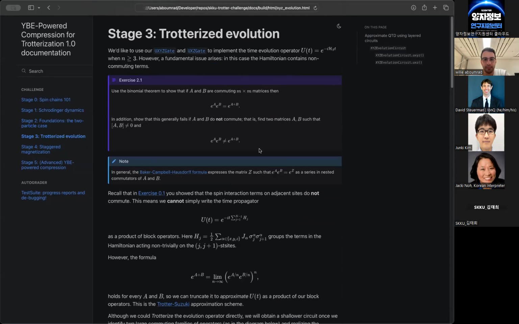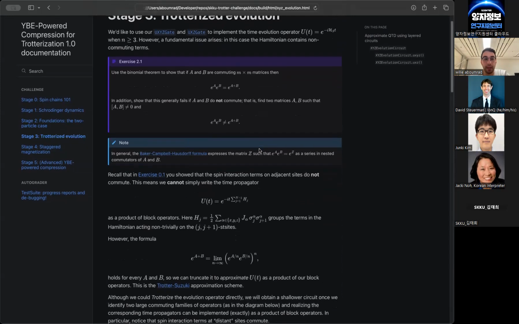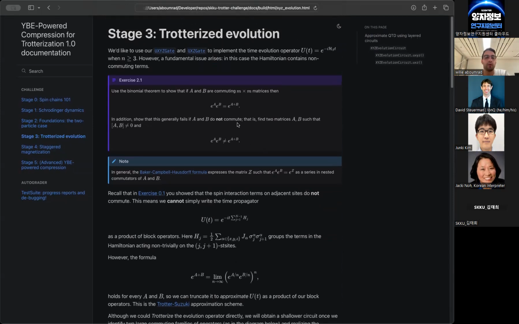Anyways, the next bit really introduces the complexity of this problem. One of the biggest issues in addressing this problem results from the fact that matrices don't commute with each other in general, right?